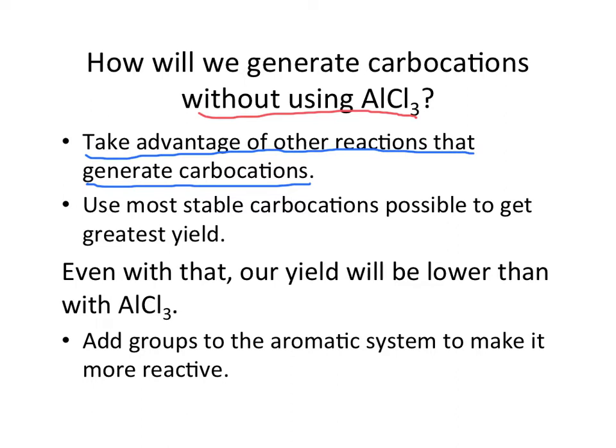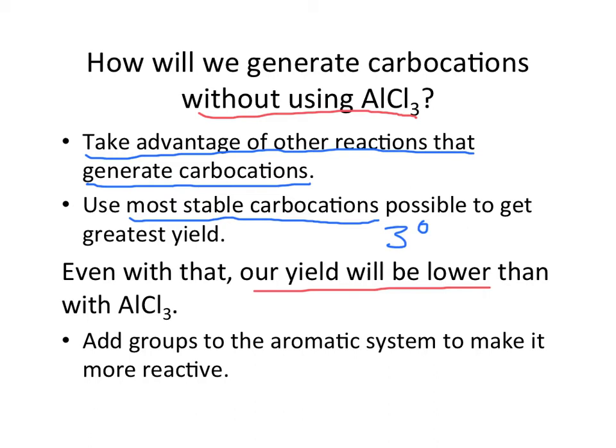So one of the things we'll do is we will use the most stable carbocations possible. That is, tertiary carbocations, so that we can get the greatest yield possible. But even with that, our yield will be low compared to what we would get if we were using aluminum chloride with an alkyl halide.